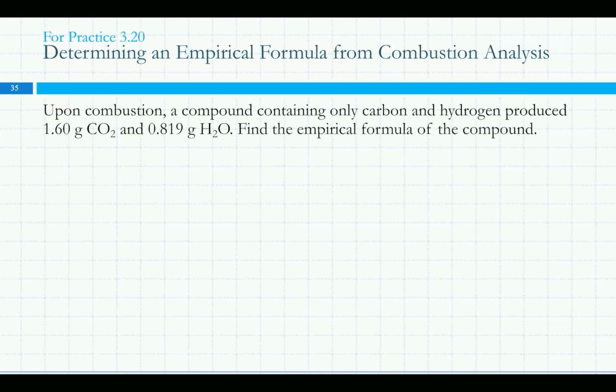Because if we start with the mass of CO2, eventually, for our empirical formula, we need to know how many moles of carbon there are anyway. And just by looking at the molecular formula, what would the ratio of moles of carbon to moles of CO2 be? 1 to 1 for carbon. We're not concerned about the oxygen here, because we're told that carbon and hydrogen are the only elements in the compound.